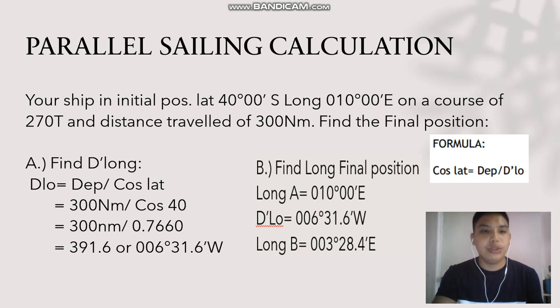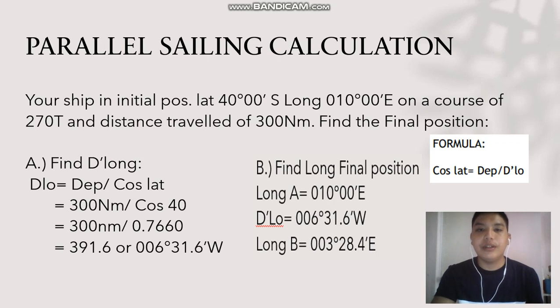First we are going to solve the cosine of 40. Cosine 40 is equal to 0.7660. Therefore 300 nautical miles divided by 0.7660 is equal to 390.6, or if we convert it to degrees, which is 6 degrees 31.6 minutes west.